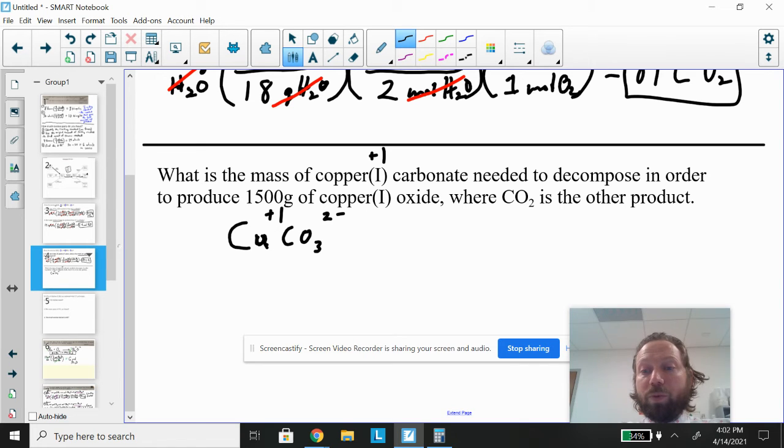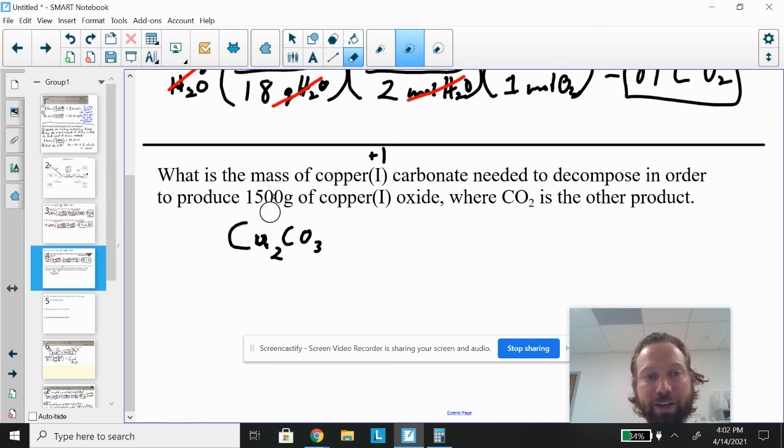The carbonate would outweigh, in terms of a negative charge, the 1 copper, which has a positive 1 charge only. So how do I balance this? I balance this by having 2 coppers. And that balances the positive and the negative charges. So now I can remove my charges and I'm good. That is the formula for copper carbonate.